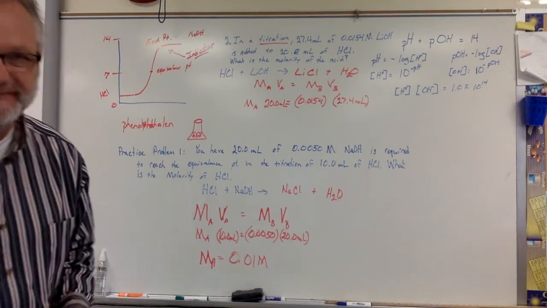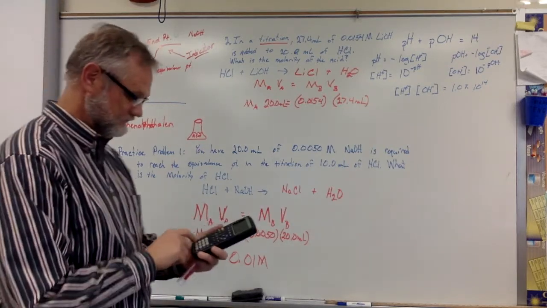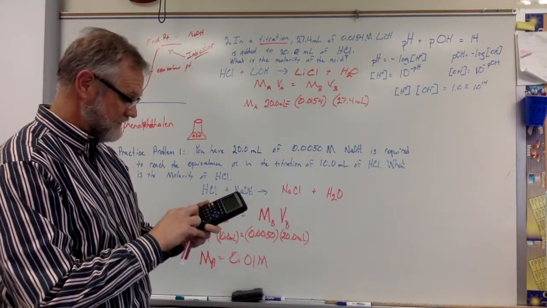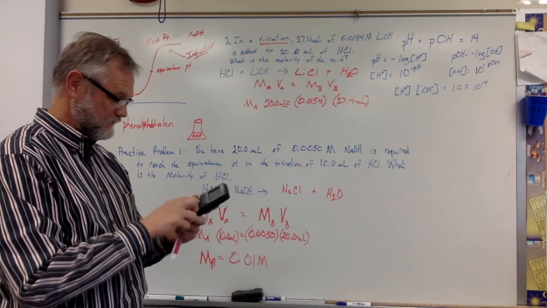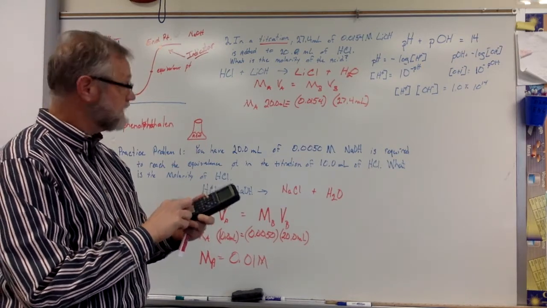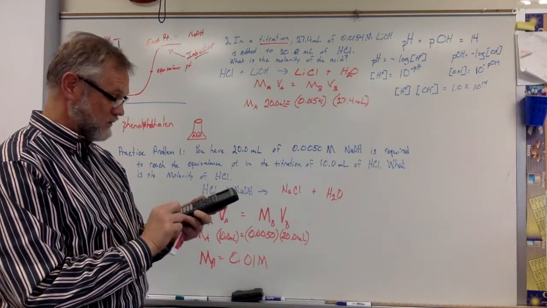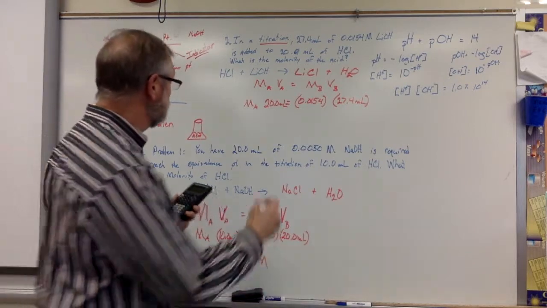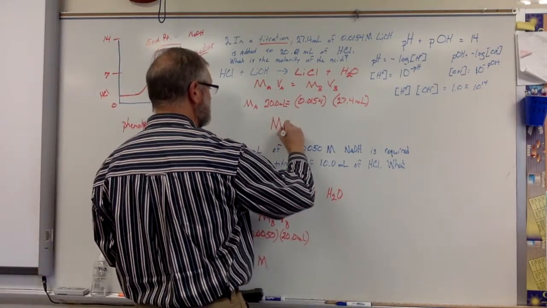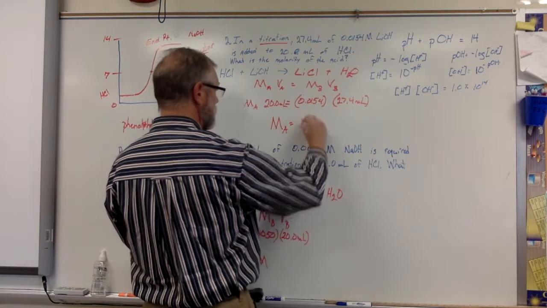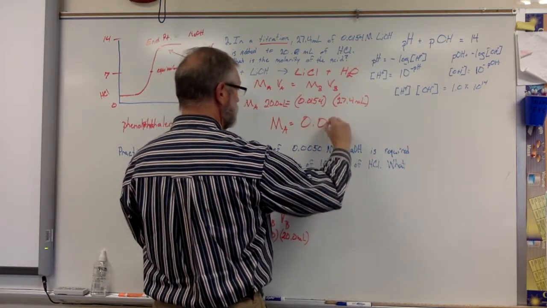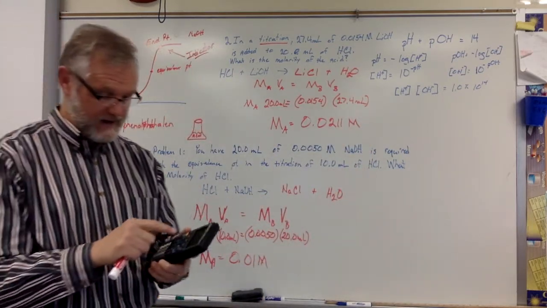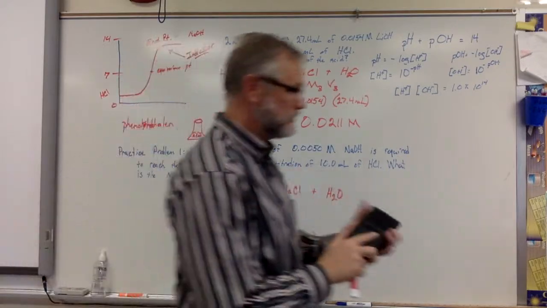So I'm going to take out my calculator, 0.0154 times 27.4, and then I'm going to divide that by 20, and I end up getting a number for my molarity of my acid. I get 0.0211 molar.